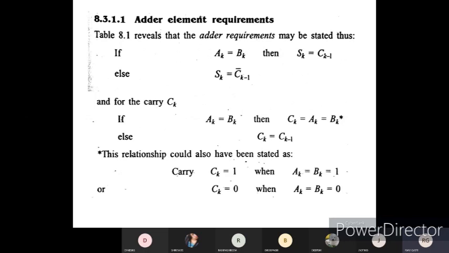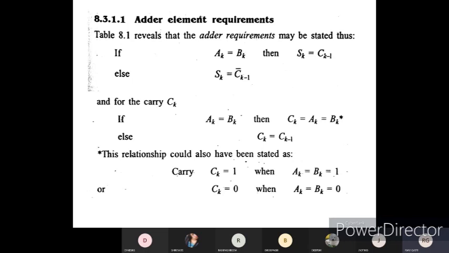And you can see here, when Ak is equal to Bk, Sk is nothing but the previous carry that you will be getting. And if Ak is not equal to Bk, then the sum expression Sk is nothing but the complement of the previous carry. Similarly, for the carry we can establish a relation: when A is equal to B, your carry Ck will be either Ak or Bk, or else we can say that Ck will be the same as the Ck-1 value.